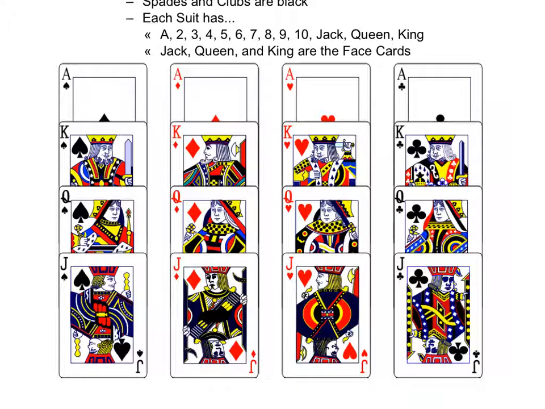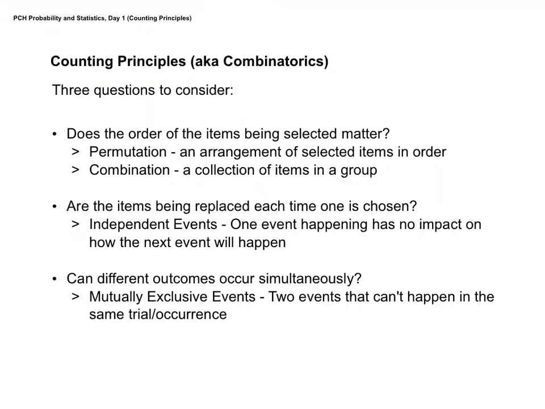All right, so let's think about what we're going to be heading into here. In the study of probabilities, one of the most significant things that you have to be able to do in order to figure out the probability of something happening is to be able to count how many different ways it could happen.